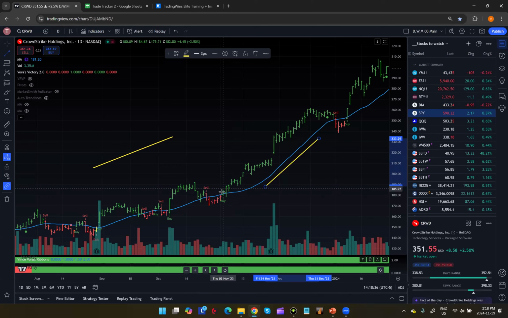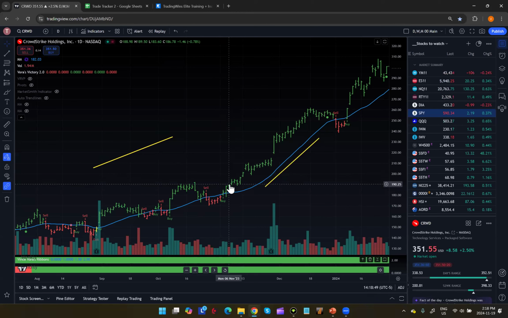We know that on this particular bar, it's closed in the top portion of the bar, which means it has a very high potential for following through, for continuing higher over the next few days. And then we know that we have the higher time frames on our side as well. That not only is this stock trending higher on a short-term basis, but also on a medium and long-term basis. So now we have stacked the odds in our favor.